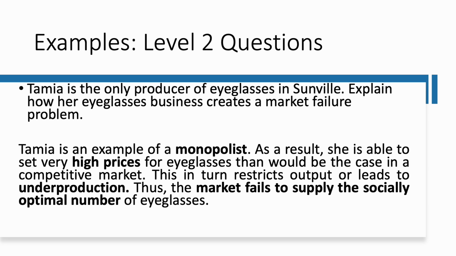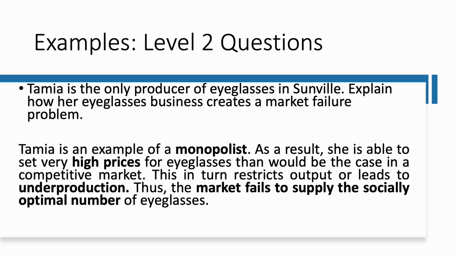As a result, she is able to set very high prices for eyeglasses than would be the case in a competitive market. This in turn restricts output or leads to underproduction. Thus, the market fails to supply the socially optimal number of eyeglasses.